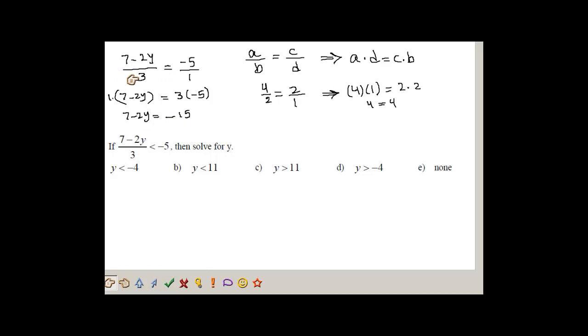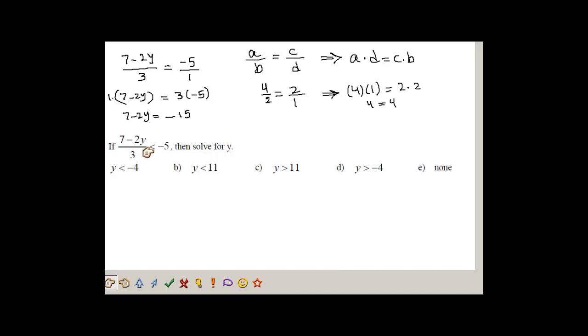Or you could say the LCD is 3. I can multiply both sides of the equation by 3. If I multiply the left-hand side by 3, 3 over 3 cancels. I get 7 minus 2y like that. If I multiply the right-hand side by 3, I get negative 5 times 3, which is negative 15. So one way to eliminate the fraction is to multiply both sides of the equation by the LCD, or if it's a proportion, we can simply cross multiply.